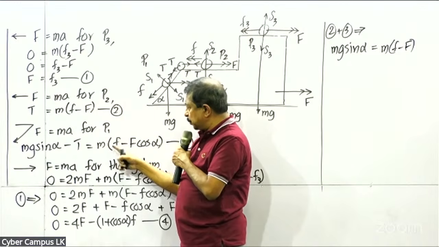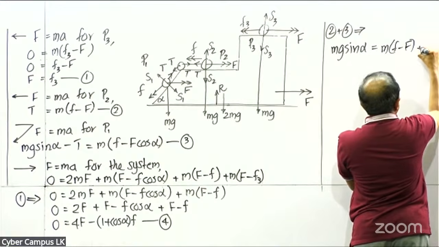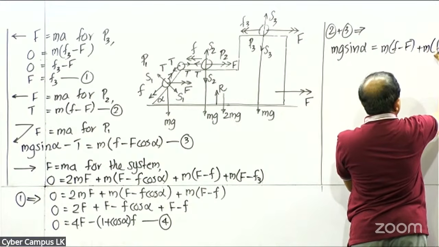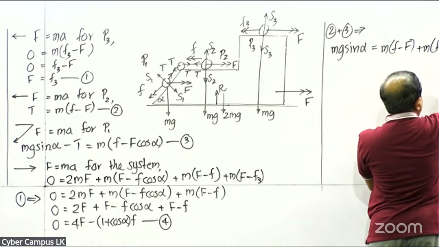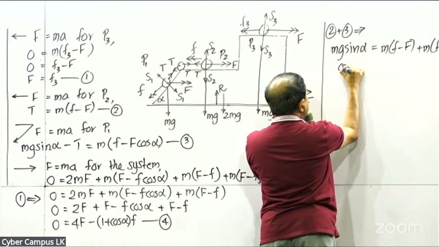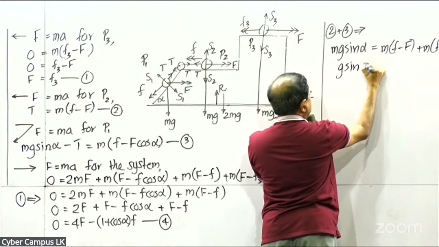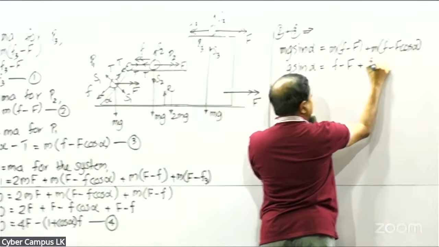I'm adding these two. M times simple F minus capital F cos alpha. Now you better divide everything by M, so it will simplify this a great deal.